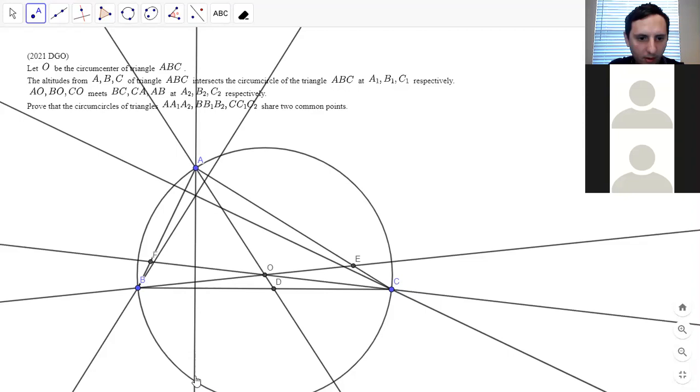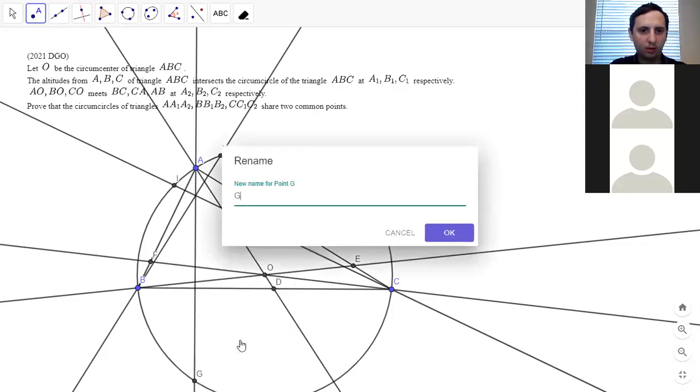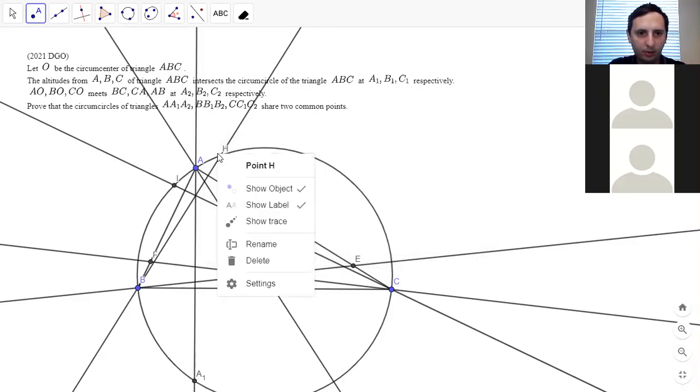And then I'm going to rename these, but then we see where the altitudes meet the circle. So, okay, so this is A1, B1, and C1.